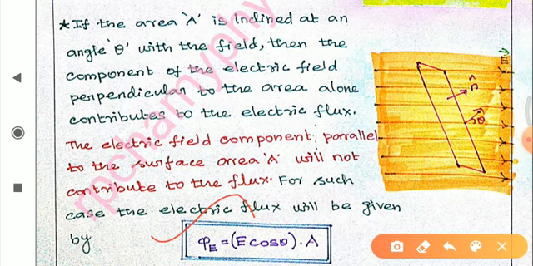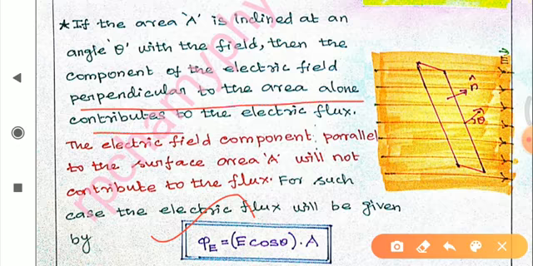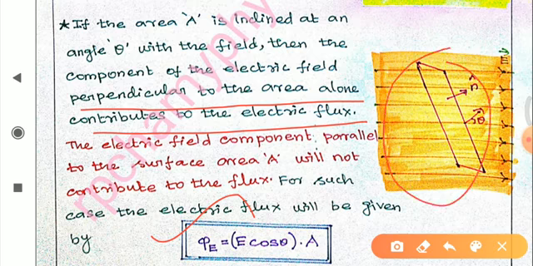Here the field is not perpendicular to the surface or parallel to the surface. So in this case, the component of the electric field perpendicular to the area alone contributes to the electric flux. What is the meaning? If it is inclined at an angle, there will be two components.